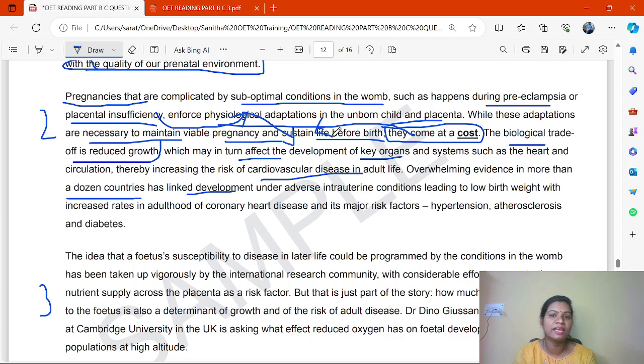We have to pay something there. To sustain the life of the newborn, we have to pay something. Cost means to pay something for. We have to pay something.